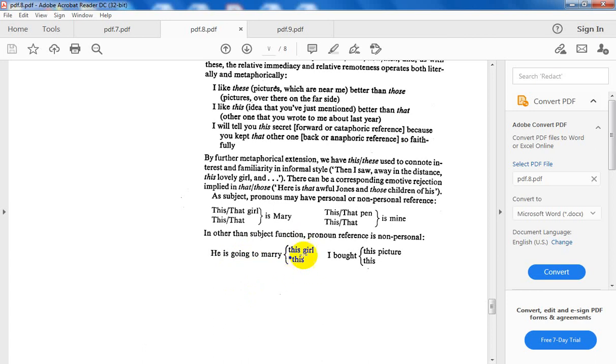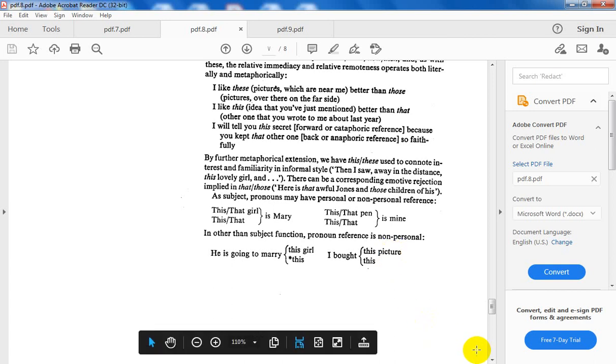You should not use this here as a pronoun, only this girl as determiner. Why? Because it is personal. And the function here is non-subject. I bought this picture. I bought this: here it is non-personal.